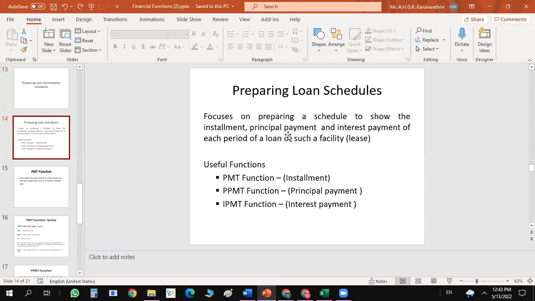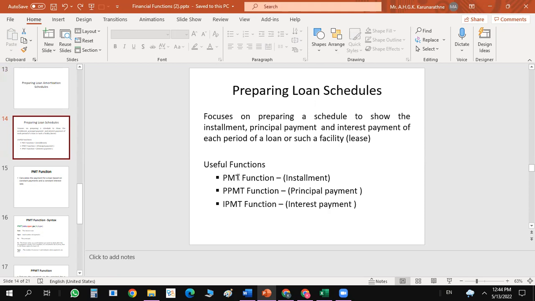Right. So when it comes to preparing the loan repayment schedule using Excel inbuilt functions, these 3 functions are useful. There are three formulas to be used.